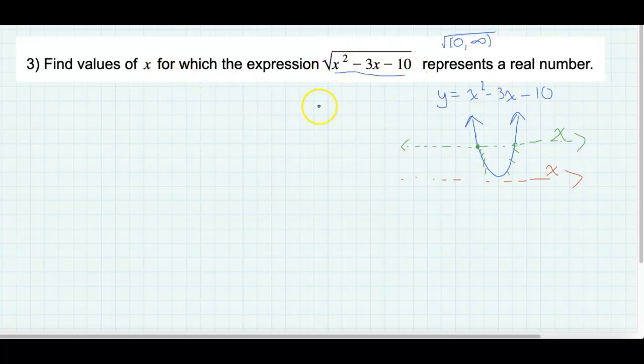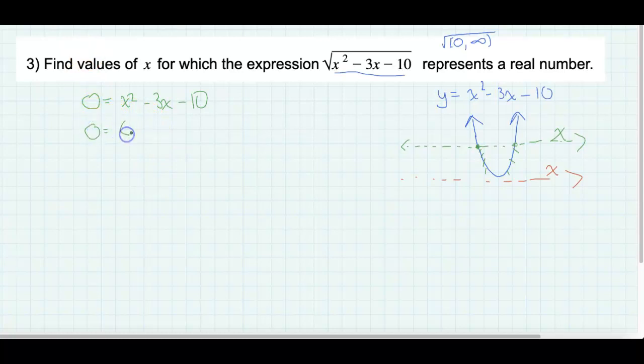If we know what these roots are, we could figure that out. So we say 0 equals x squared minus 3x minus 10. Can I factor that? I think so, so let's try.